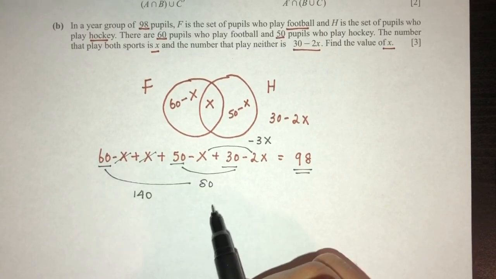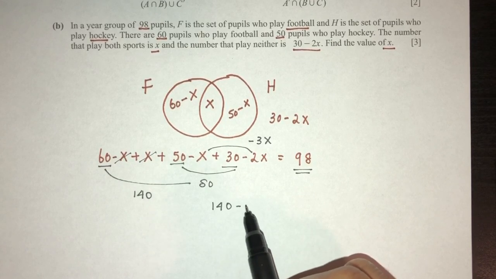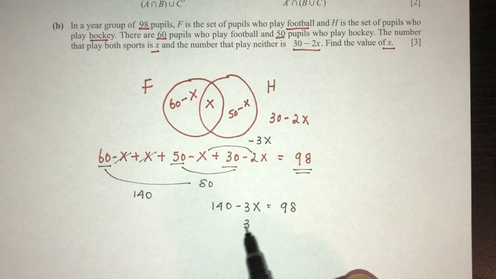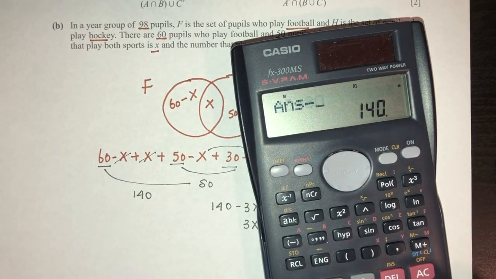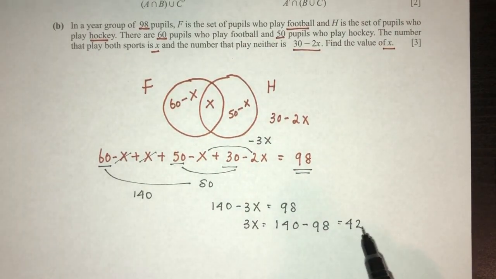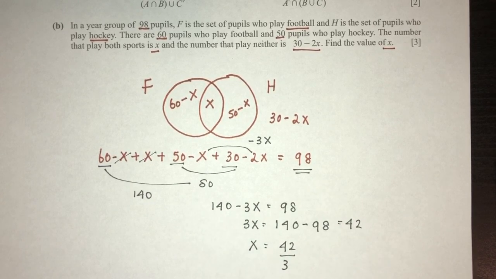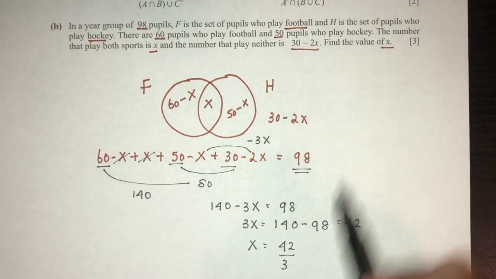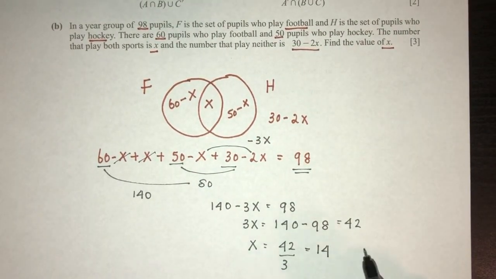Here you will have 140 minus 3x equal to 98. So 3x is equal to 140 minus 98. That should be 42. Now x is equal to 42 divided by 3. That should be 14. So the value of x is equal to 14, and that is your question number 1.